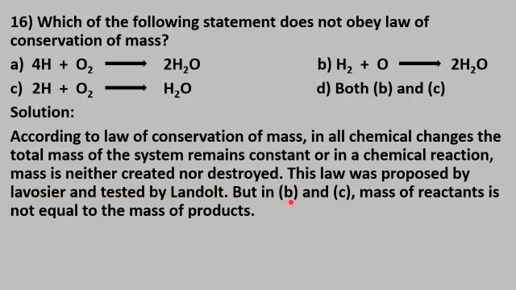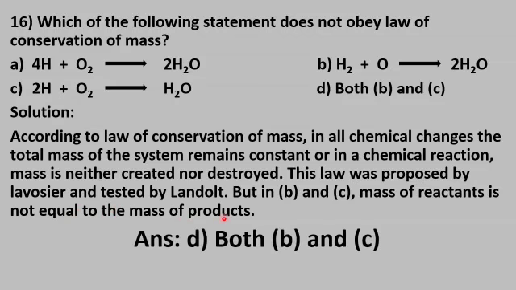But in B and C, mass of reactant is not equal to the mass of the product. So therefore, the correct option is option D, both B and C. So equation B and equation C do not obey the law of conservation of mass here.